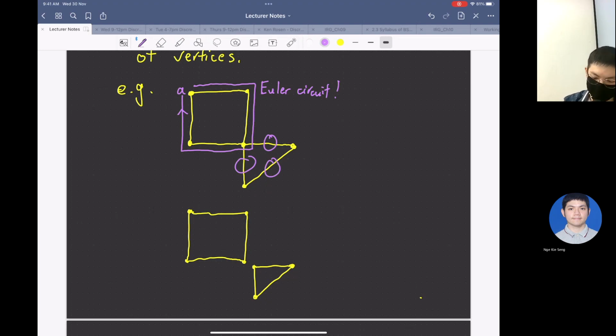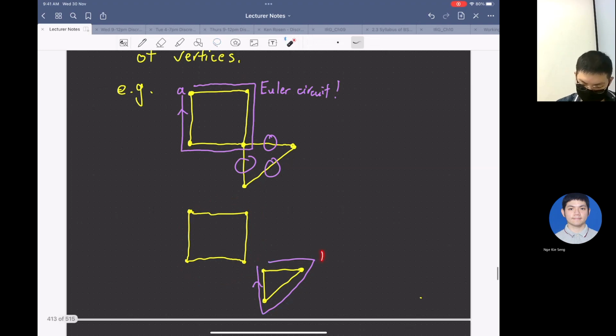Okay. So what can you do? What you can do is consider the subgraph which removes this small Euler circuit. So you look at the edges that you haven't passed through. And then you realize that you can also form an Euler circuit, because when you take away this subgraph, the triangle subgraph here still satisfies the condition that the vertices have even degree.